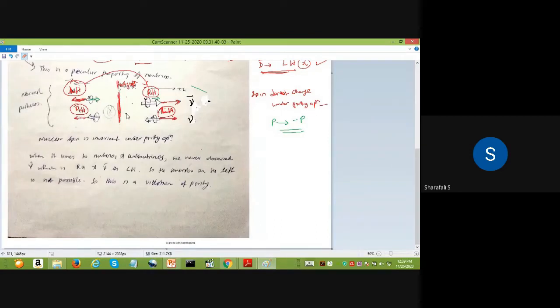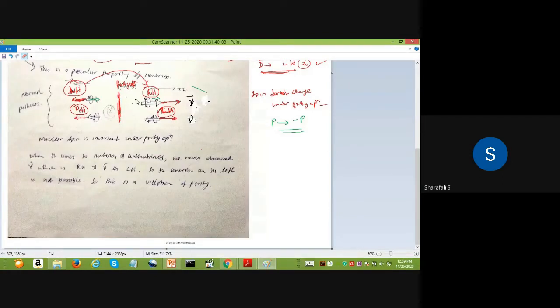Okay, but this anti-neutrino will become a neutrino when it comes to this side, but that is not the case in a normal particle. For example, if you take left-handed photons and do a parity operation, that will become a right-handed photon.